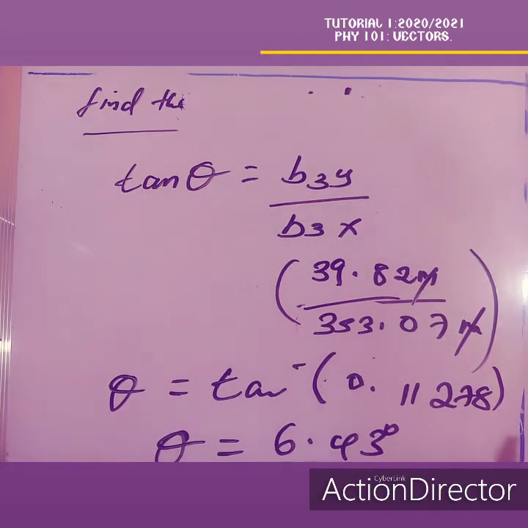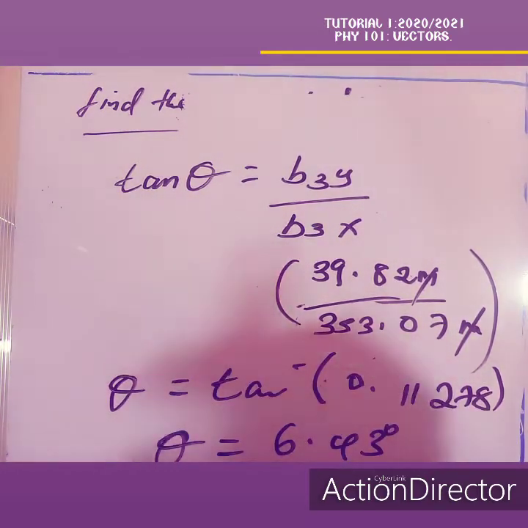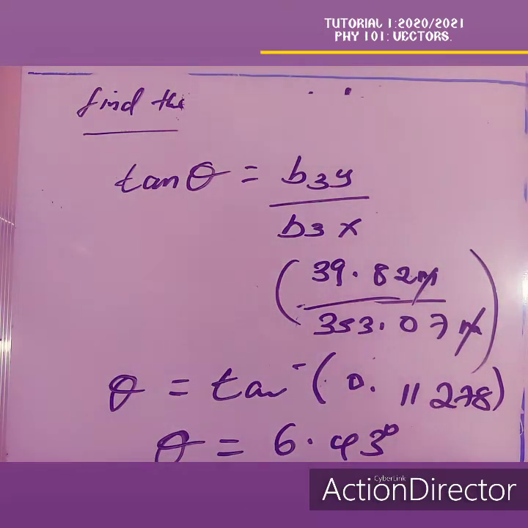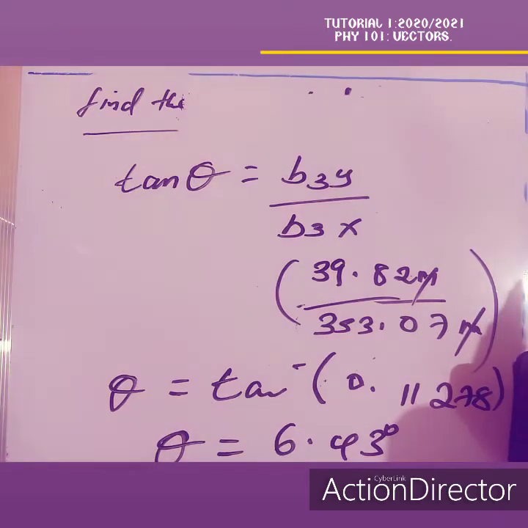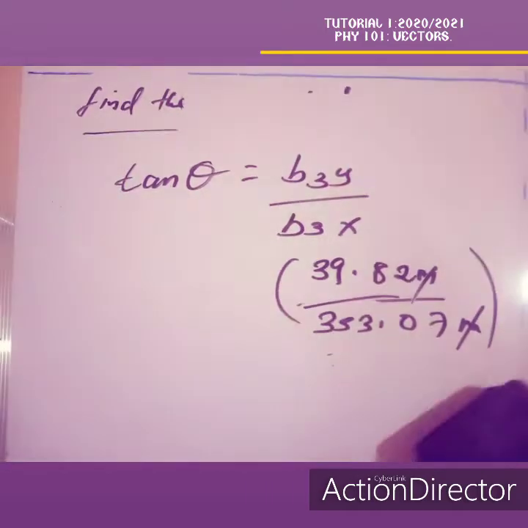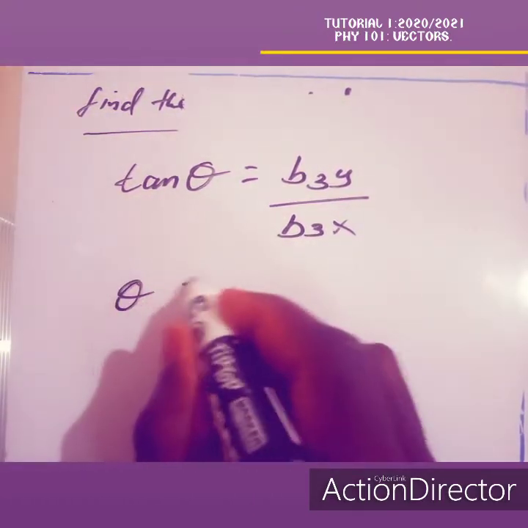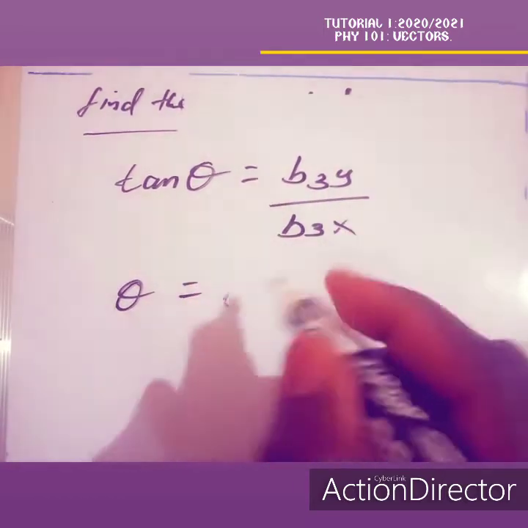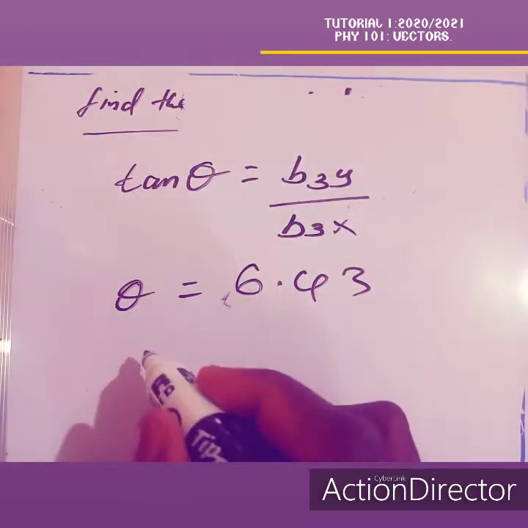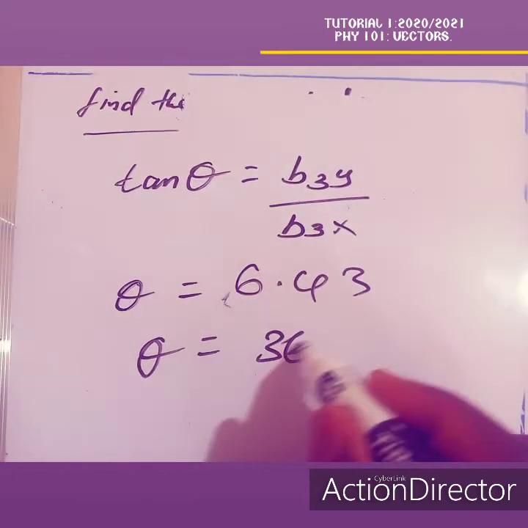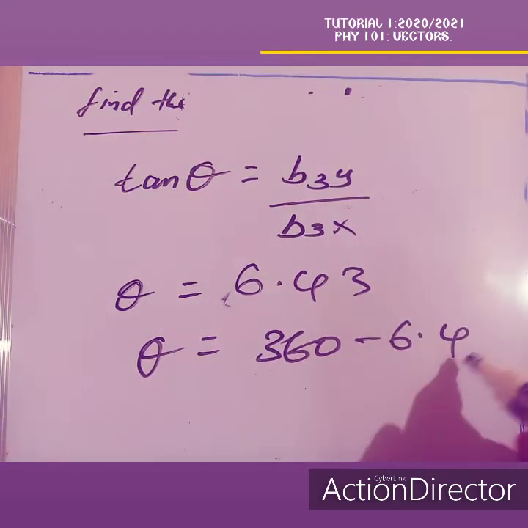So our angle theta will be equal to 6.43 degrees. Now, our B3 is in the fourth quadrant. Tan is negative in the fourth quadrant, so since our theta is equal to 6.43, we'll say theta will be equal to 360 minus 6.43.